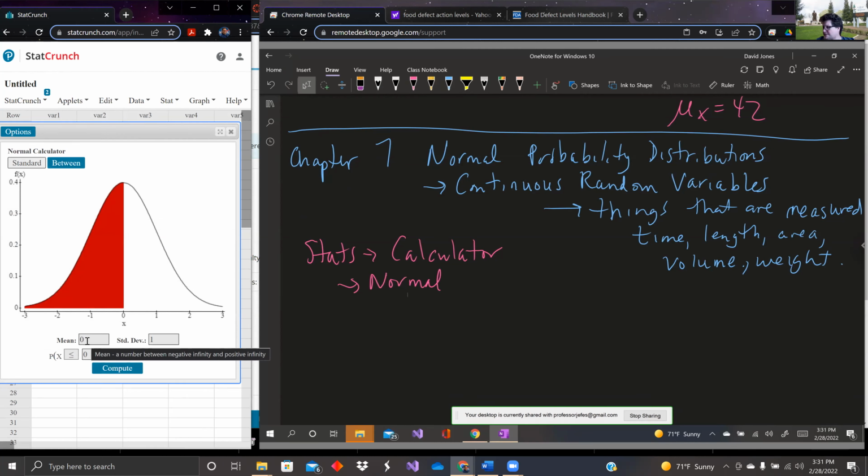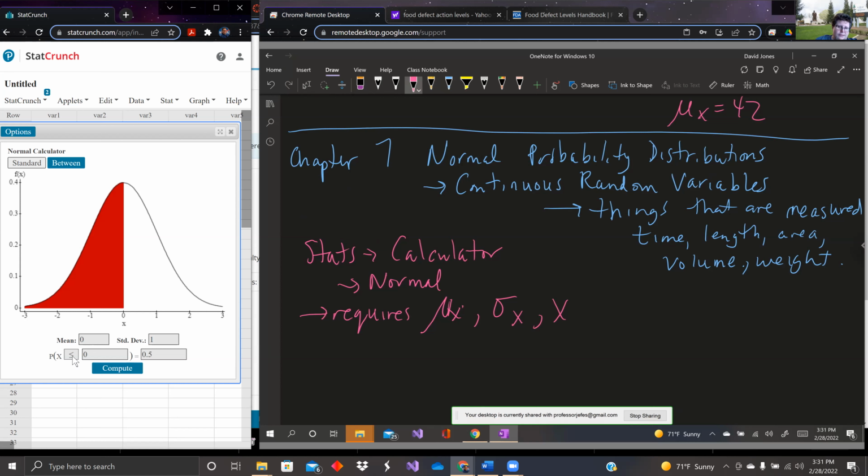Notice it requires mean. It requires a standard deviation. And it requires, oops, not an equal sign. And it requires X, the value we're looking at.